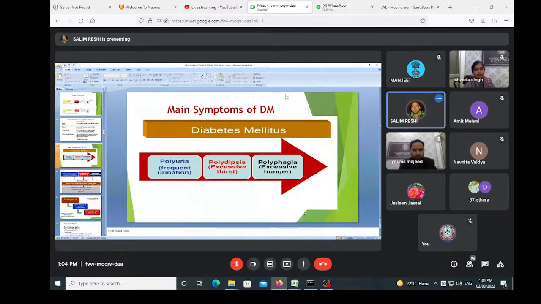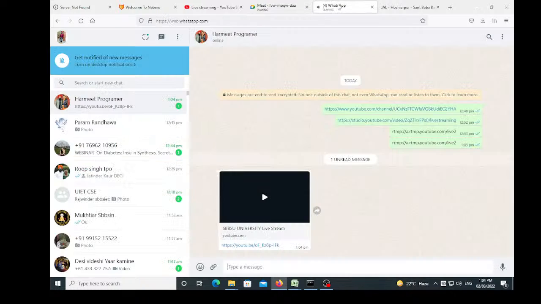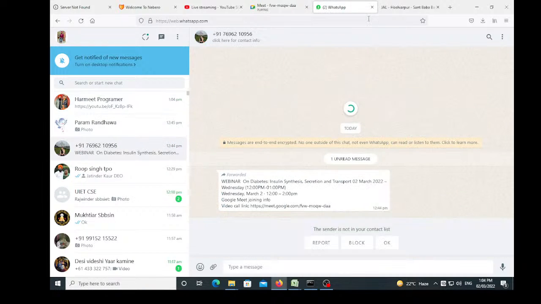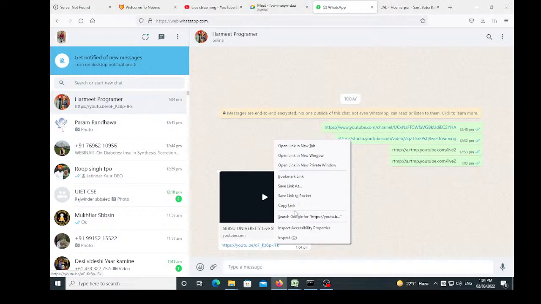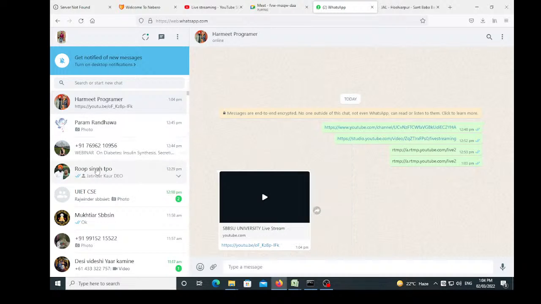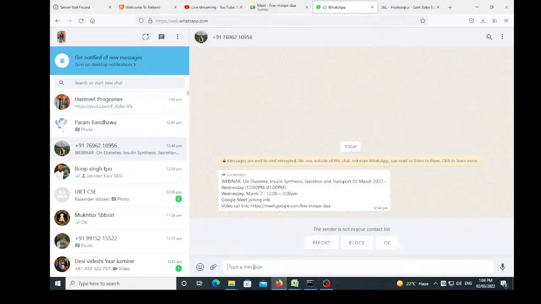So the body now needs fluids, the thirst center of the brain is activated, and the person feels thirst. That condition is called polydipsia, excessive thirst. The third symptom is polyphagia, that is excessive hunger. These are the main three symptoms related to diabetes mellitus.